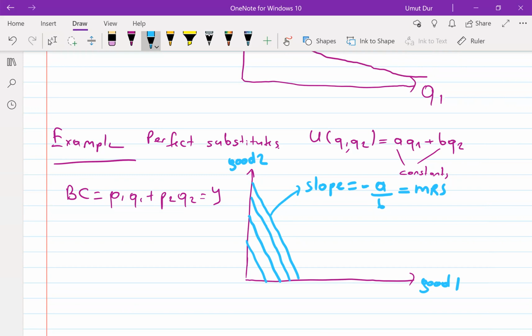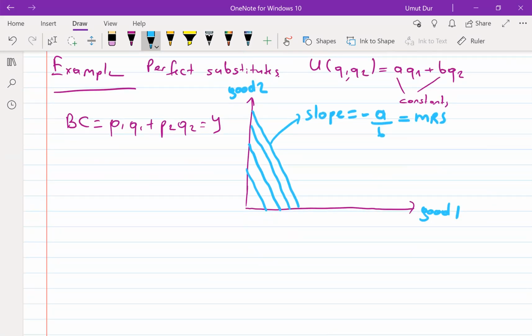The important point here is that for all points on this indifference curve, we have exactly the same slope, minus a over b. Then when we want to find the optimum point, what we do is compare the slopes of the budget constraint and the indifference curve.